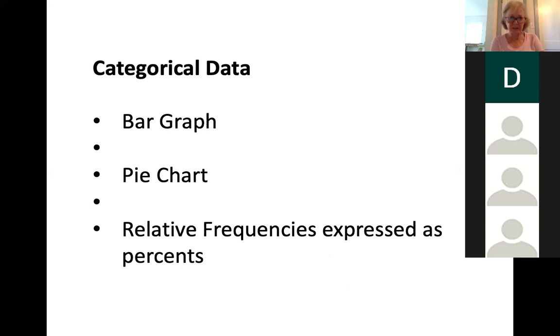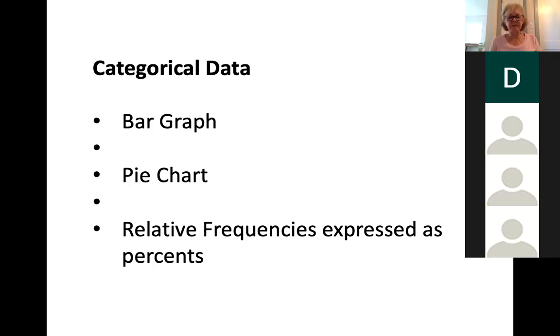It's just counting how many items are in each category. You can describe it as the number of items or the percent of items that are in each category. For example, I could make a pie chart of SSU, how many are freshmen, how many are sophomores, how many juniors, how many seniors, just counting the number of people in each group.